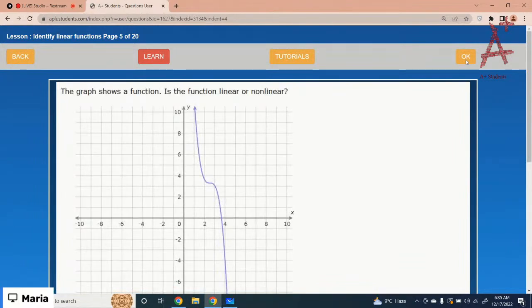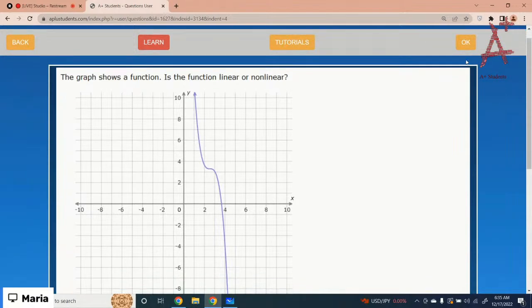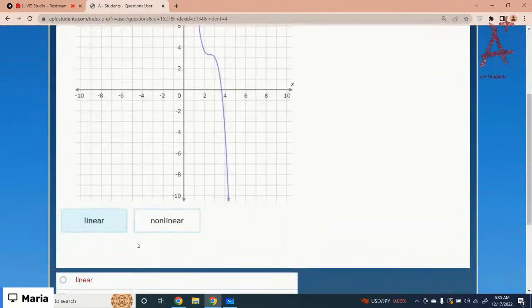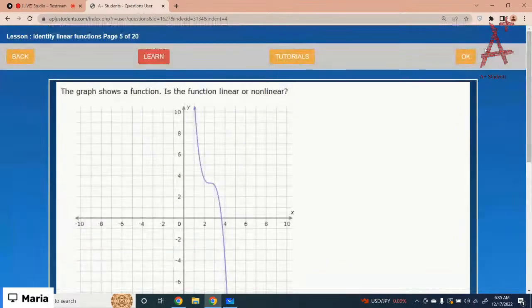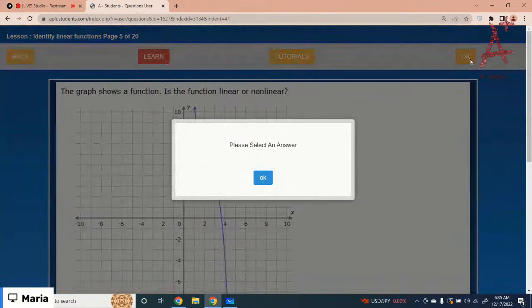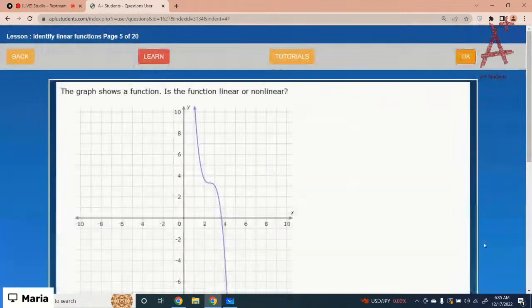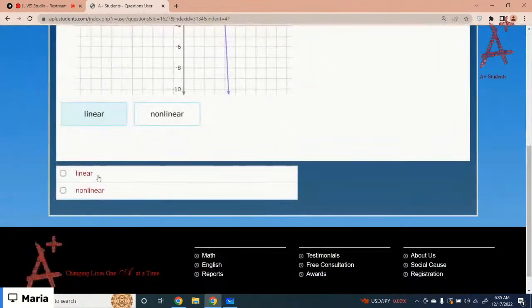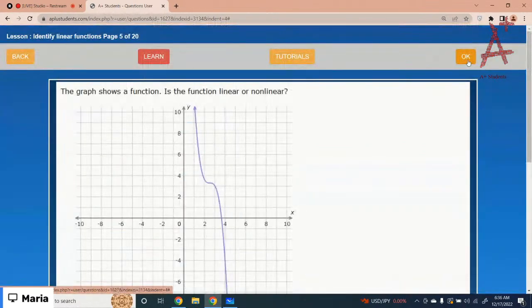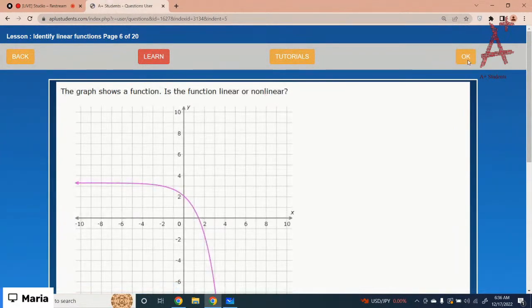Okay, the graph shows a function. Is the function linear or non-linear? It is non-linear. Got it? Okay, I haven't selected the option. It would be non-linear. The graph shows a function.